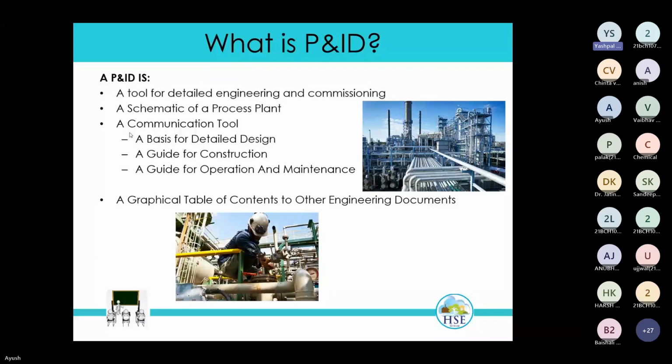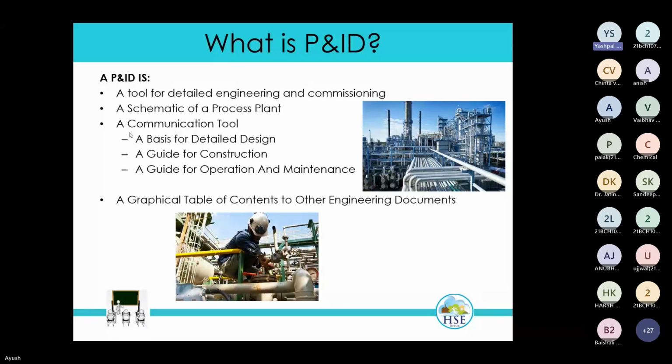So what is P&ID? P&ID is a tool for detailed engineering and commissioning. Detailed engineering means designing, which is normally done in basically two parts. One is basic designing, which we normally call front end engineering design, and from basic design we do detailed engineering, which includes the layout of the piping, detailed calculation of flow, mass balance, energy balance, all these things.